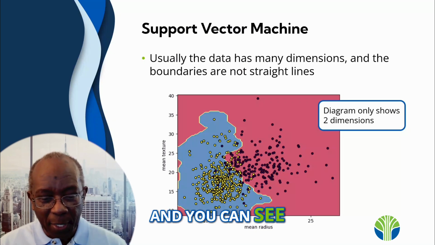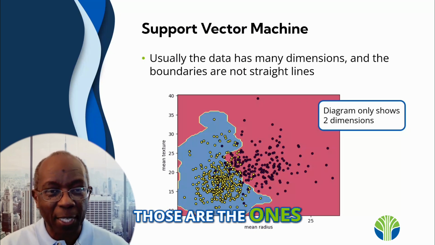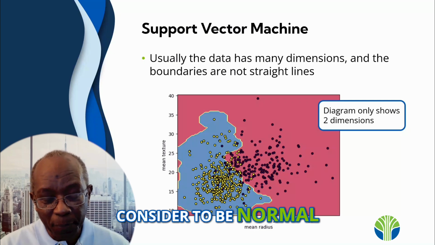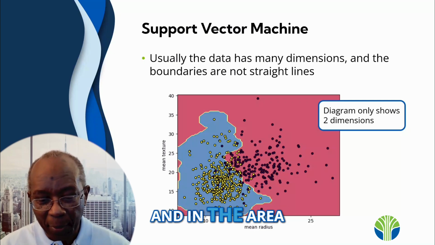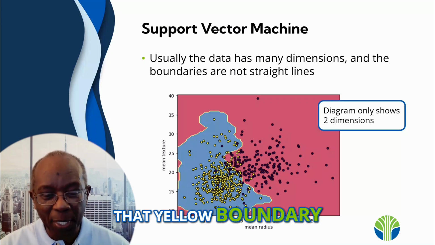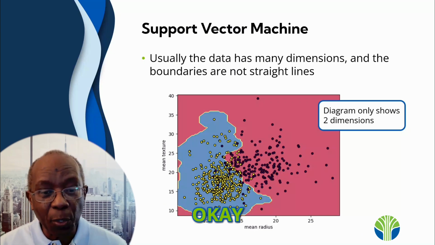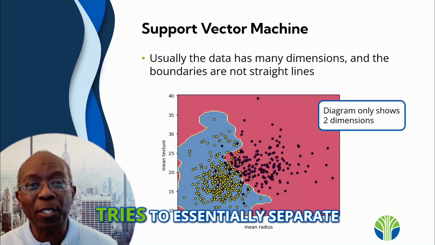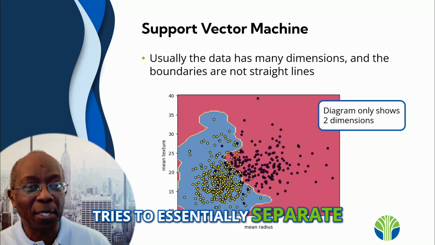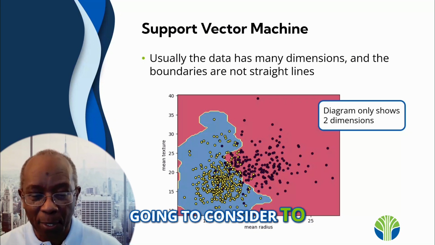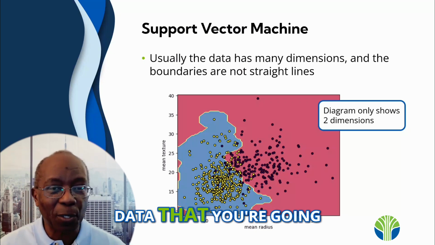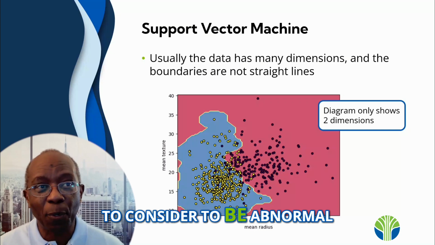And you can see in the blue area, those are the ones that we're going to consider to be normal. And in the area outside of that yellow boundary, we have the ones that we consider to be abnormal. Okay, so support vector machine tries to essentially separate the data that you're going to consider to be normal from the data that you're going to consider to be abnormal.